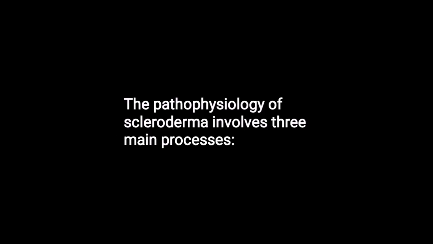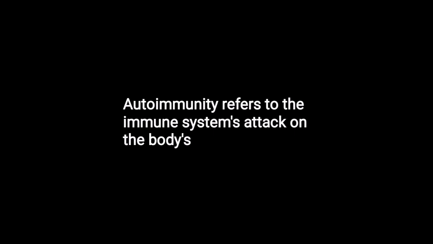The pathophysiology of scleroderma involves three main processes: autoimmunity, vasculopathy, and fibrosis. Autoimmunity refers to the immune system's attack on the body's own tissues, leading to the production of specific autoantibodies, such as anti-Scl-70 and anti-centromere antibodies.